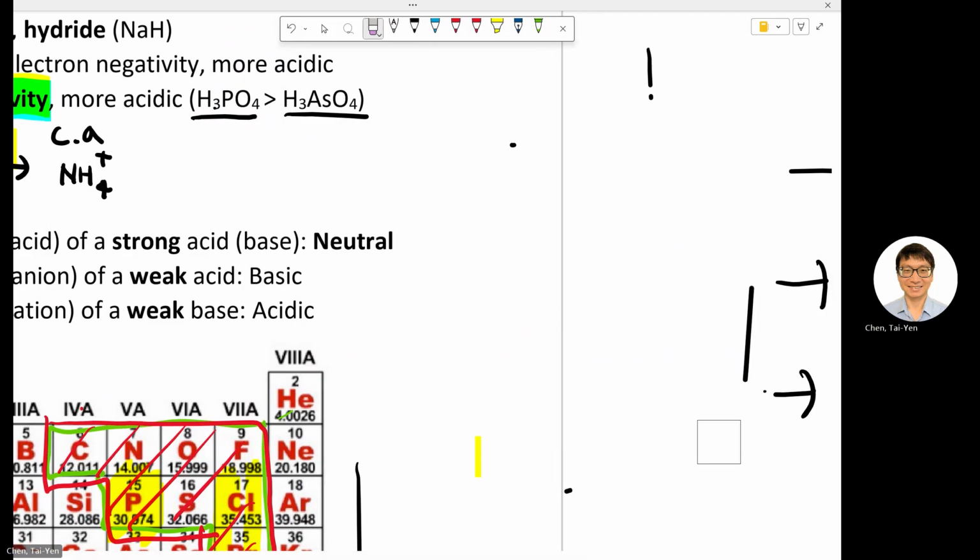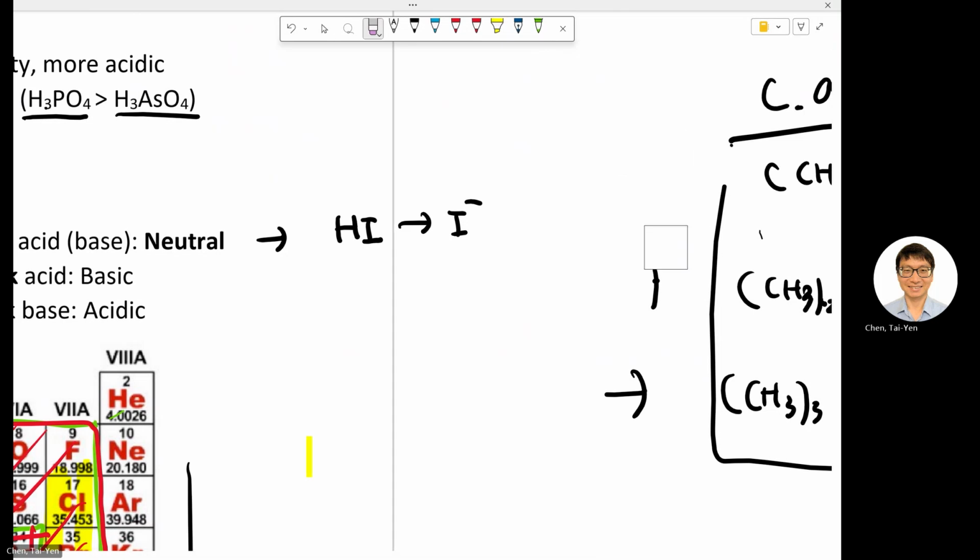So let's say we have a strong acid. HI is a strong acid, right? What is the conjugate base of HI? I minus, right? I minus. Okay. So the I minus itself is actually neutral.